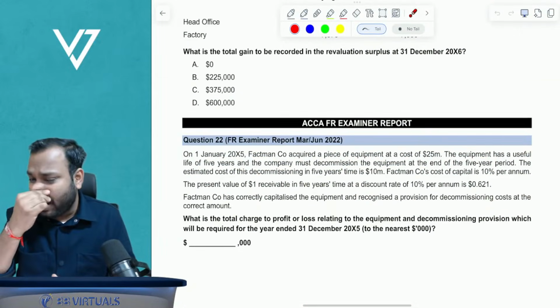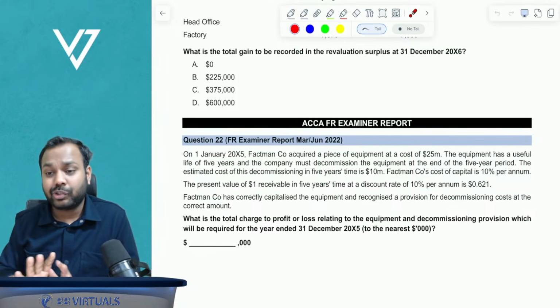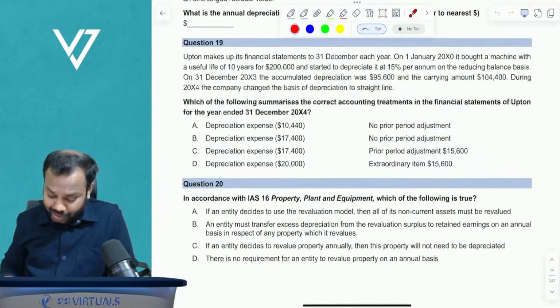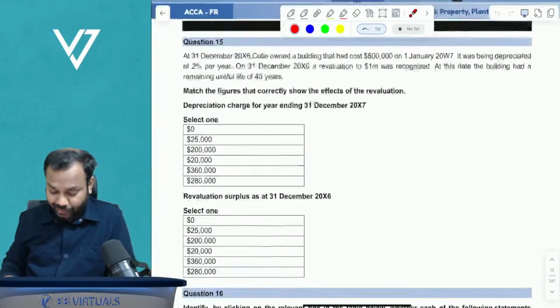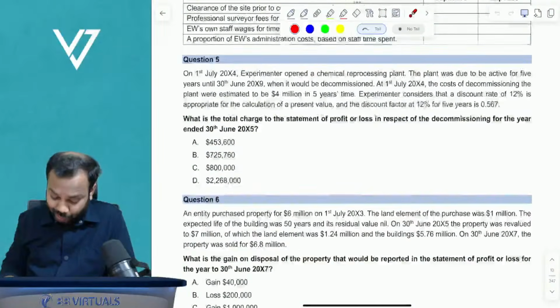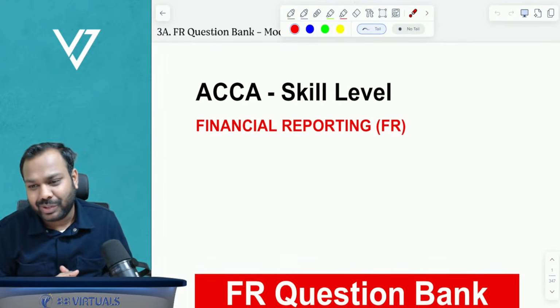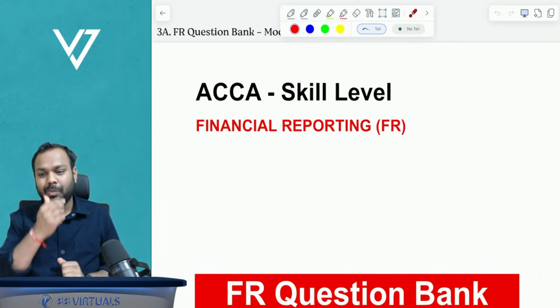So you are not required to further go specifically to examiner report and solve the questions. I have brought it here itself. All the questions at one place for you guys. Don't you think this will be of significant help?